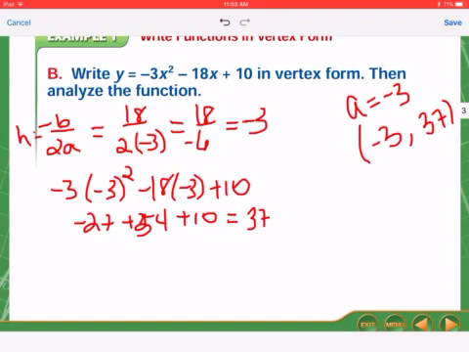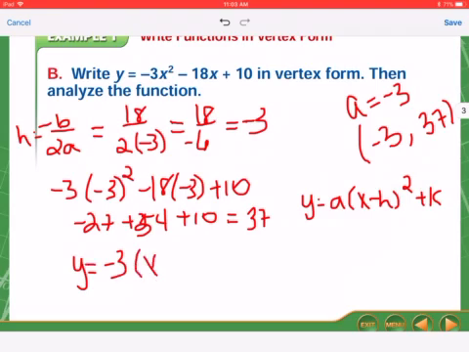So I have my a, I have h, I have k. So vertex form is y equals a times x minus h squared plus k. So I'm just going to plug this information in. So I get y equals negative 3 times x minus negative 3 squared plus 37.